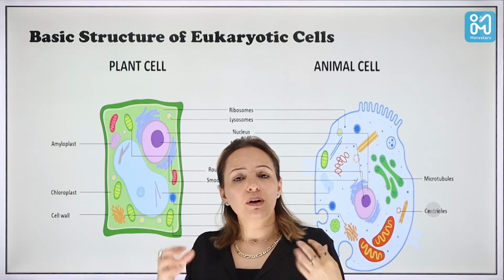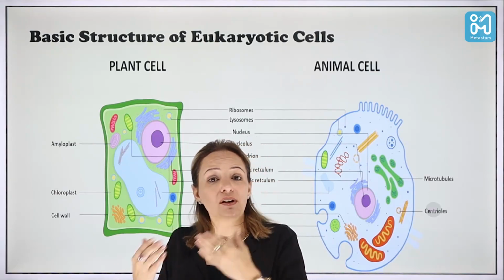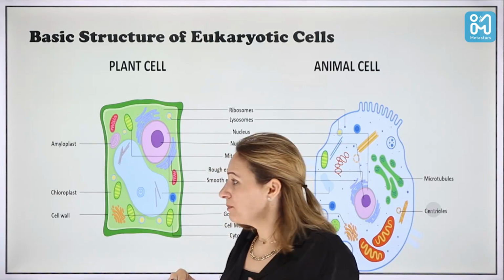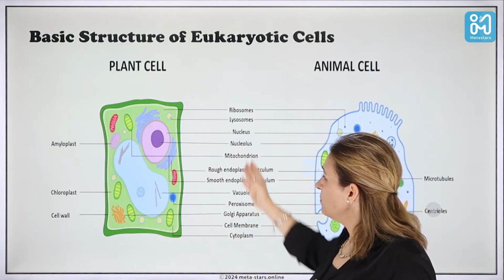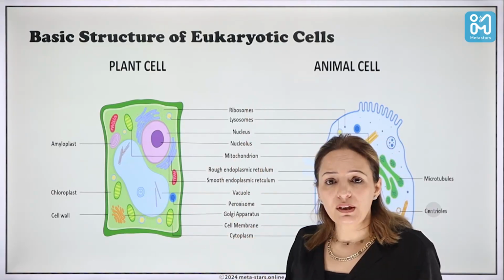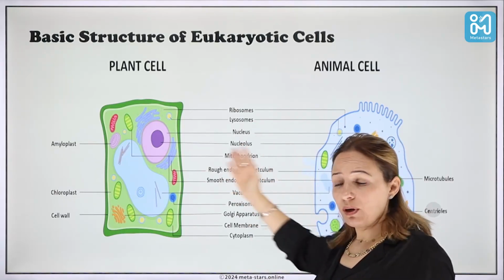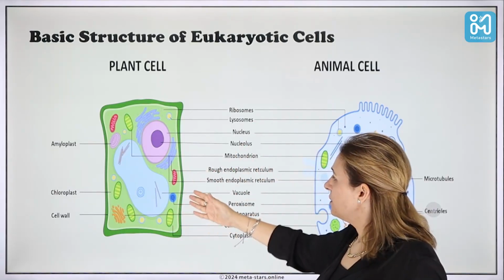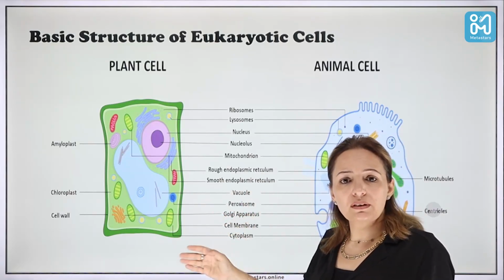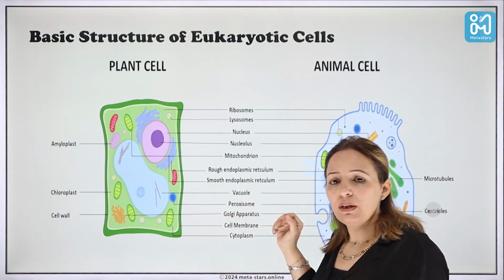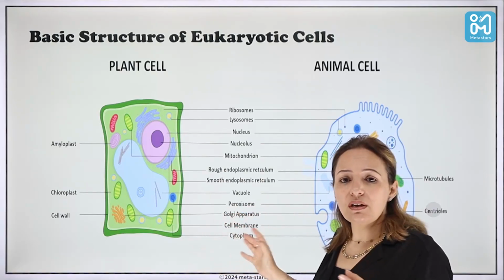However, sometimes we might have more of some organelles than others because the function of the cell is different. When we look generally at the plant cell and the animal cell, we have a lot in common. For example, both have ribosomes, the nucleus, the nucleolus, the mitochondria, the rough endoplasmic reticulum, the smooth endoplasmic reticulum, the Golgi apparatus, the cytoplasm, and the cell membrane. All of these are common.